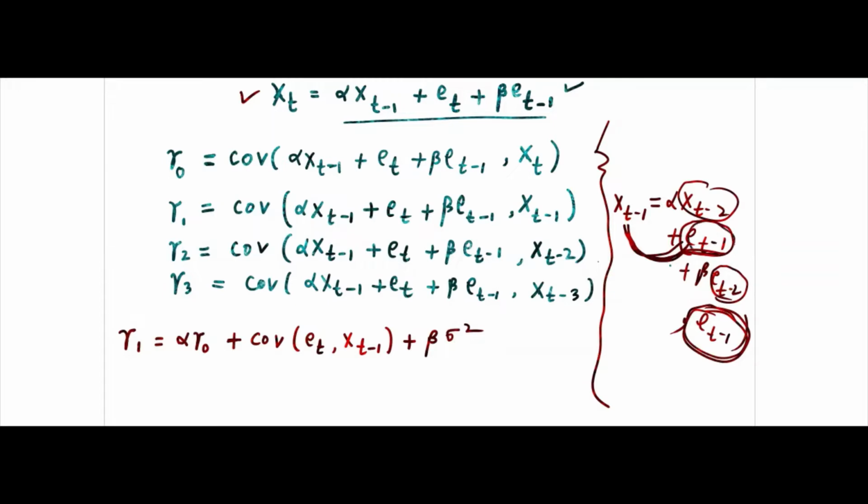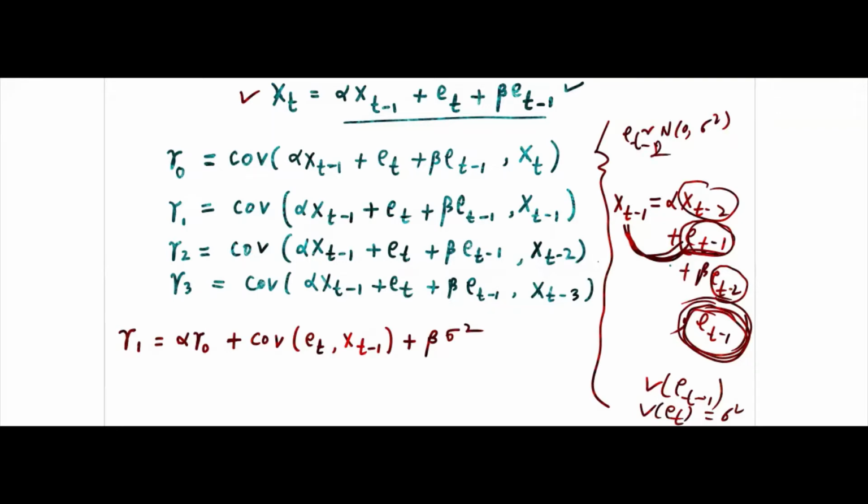And et minus 1 with et minus 1, there will be a link. That is covariance of et minus 1 and et minus 1, that is the variance of et minus 1, which is the variance of et as well, that is sigma square. Remember, et follows normal 0 sigma square, we say. Even if you write et minus 1, that will be normal 0 sigma square.